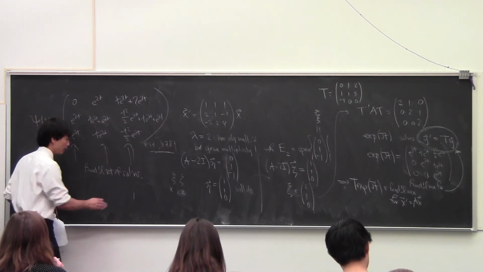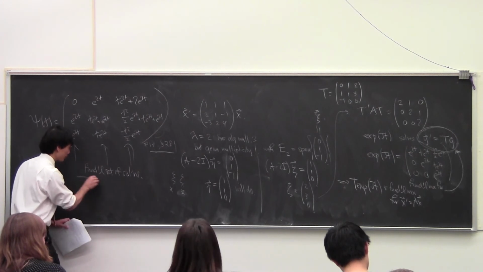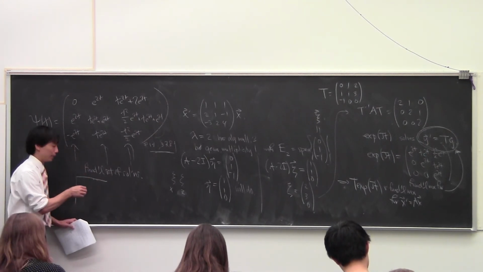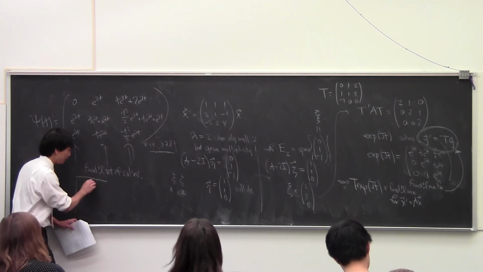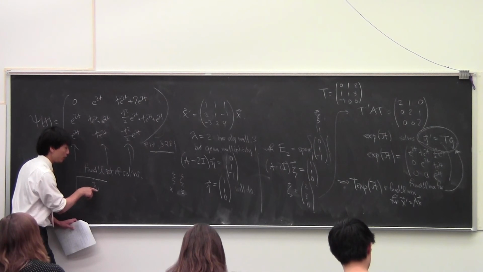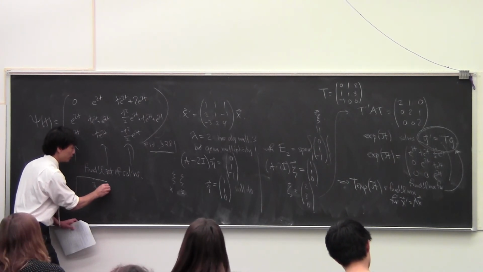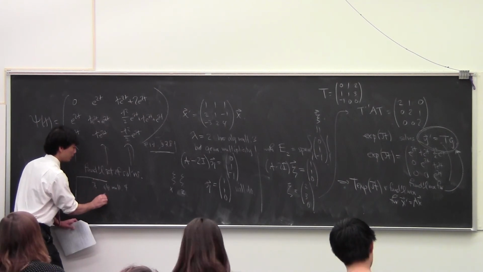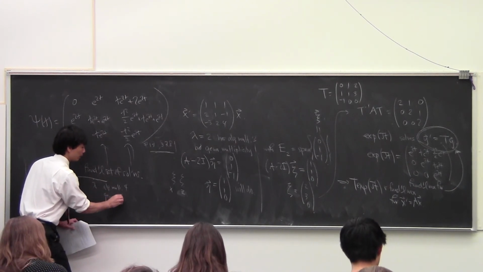I didn't want to get into this, but I should actually tell you what happens. You could have an eigenvalue of algebraic multiplicity 4 but geometric multiplicity 2.